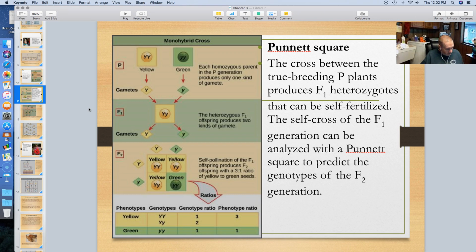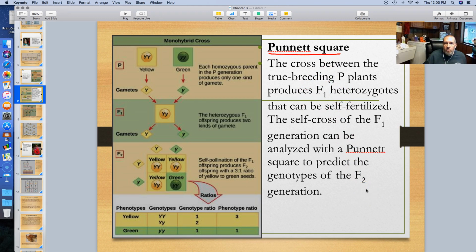All right, so then let's look at this idea of a Punnett square again a little bit more. We use these diagrams to represent crosses between the parental generation and then the F1 and F2 generation.